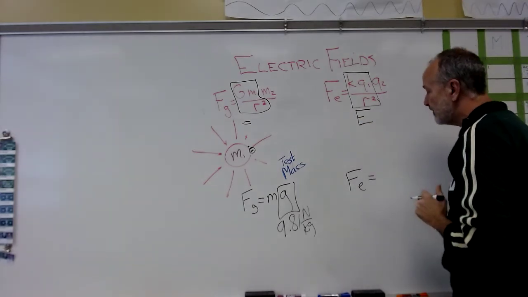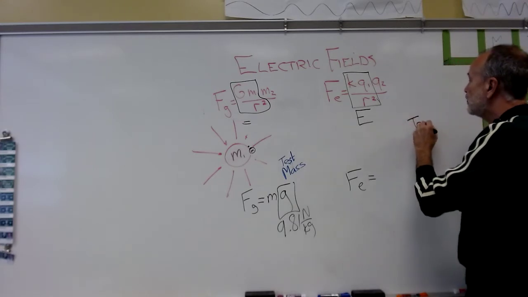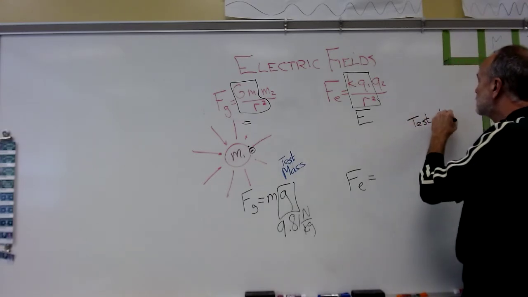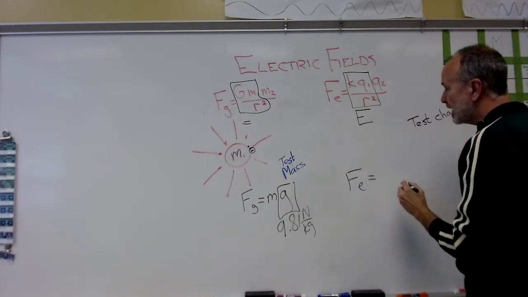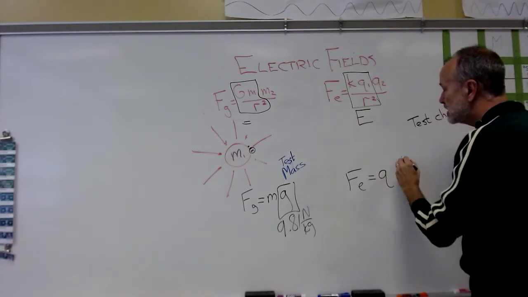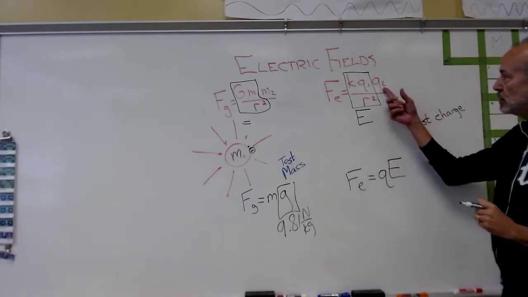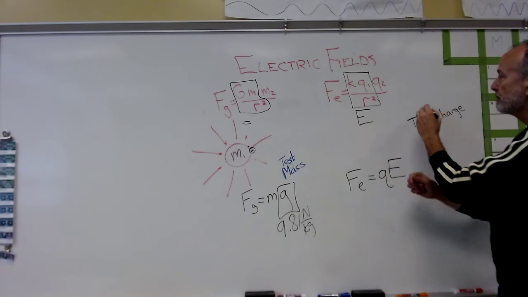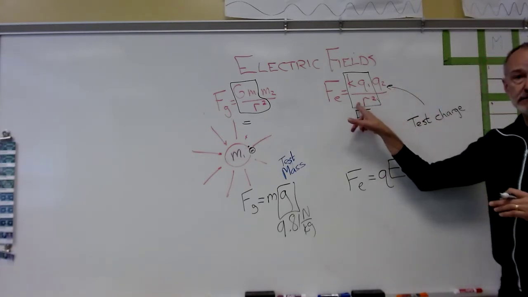So now all I have to do is take a test charge. If I put it in that field, I know how strongly it's going to be attracted. It's going to be Q, the Q of the test charge, times the electric field strength at that location.